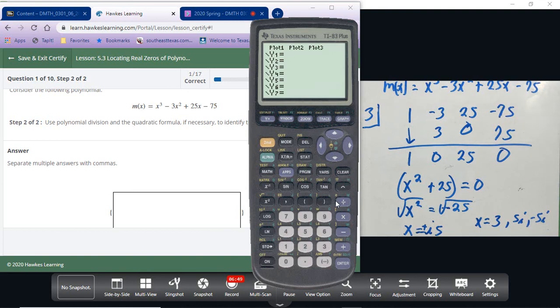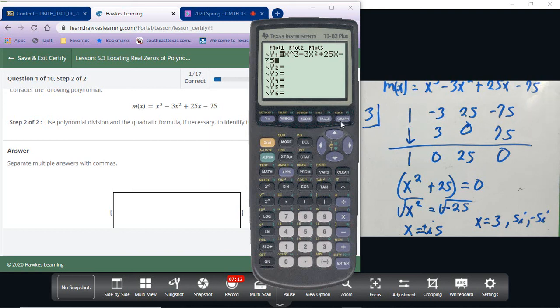So we're going to do x raised to the third minus 3x squared plus 25x minus 75.